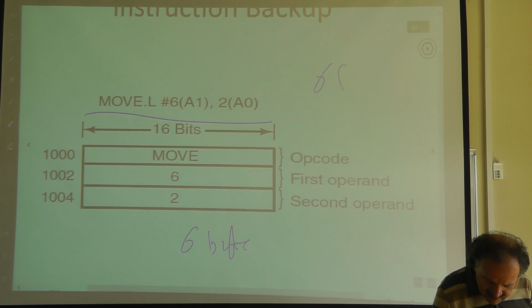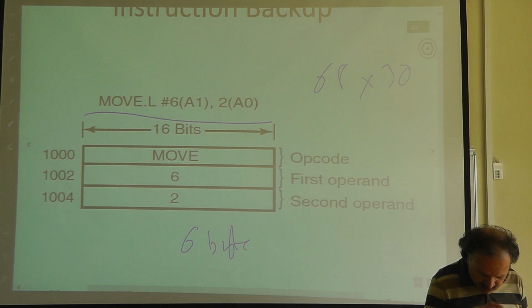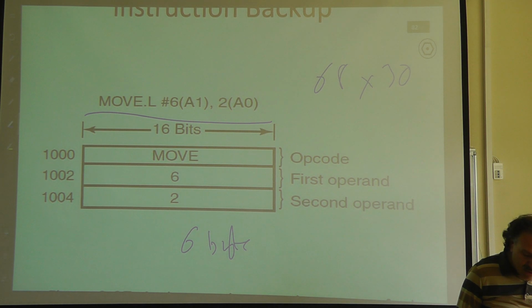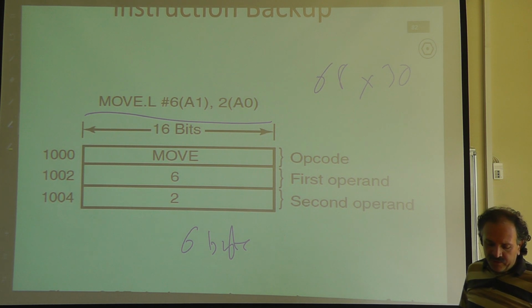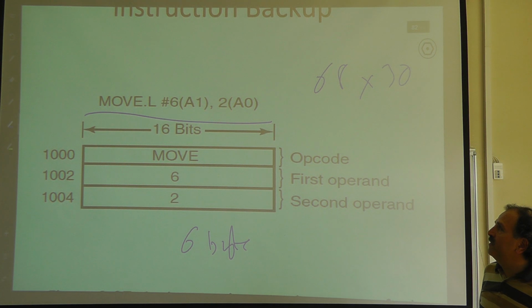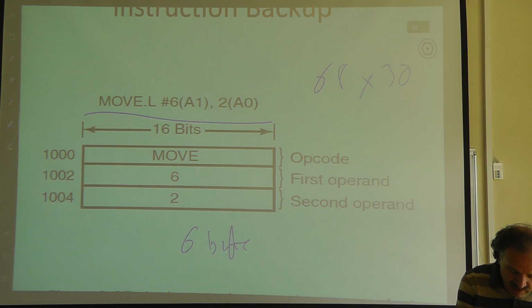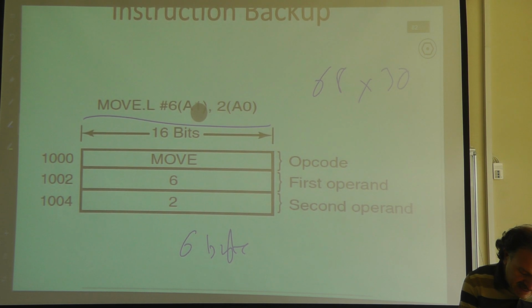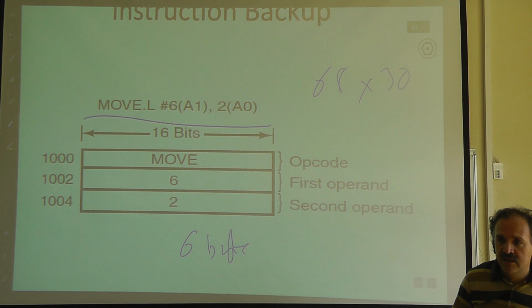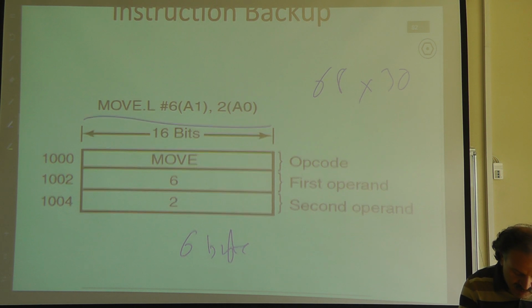It's a Motorola processor, I forgot the processor name. It does some kind of moving, an indexed move. It says take the A1 register and add 6 to it. That's the memory location. Take the A0 register and add 2 to it. That's the second memory location. Move the contents of this memory location to that memory location.